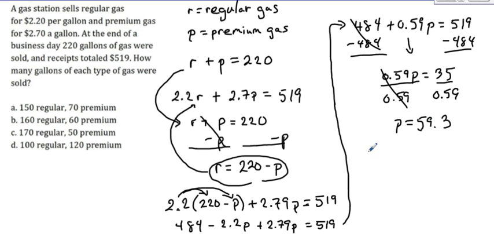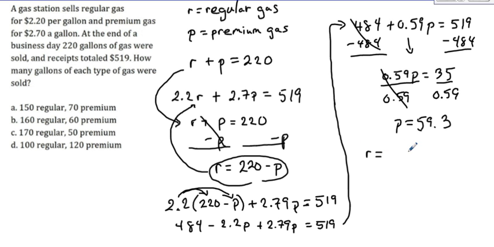And let's go ahead and find R also. Now, looking at our answers over here, we can already make an assumption, but let's just go ahead and finish the problem.